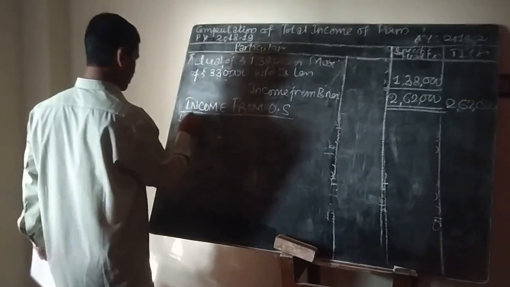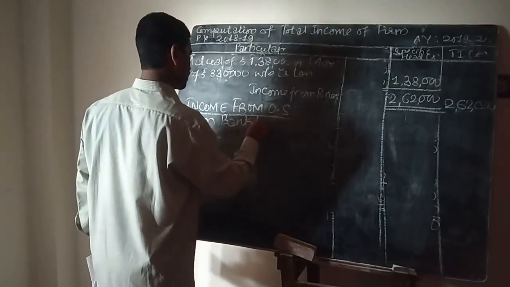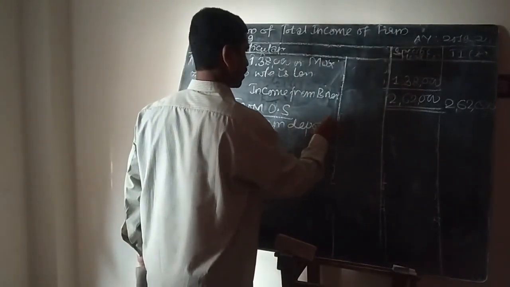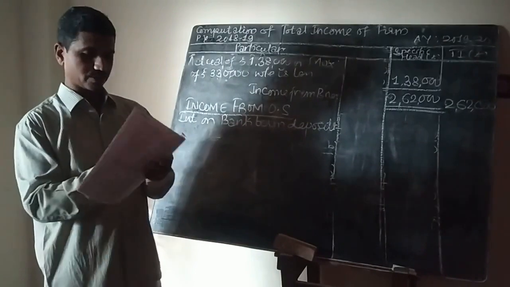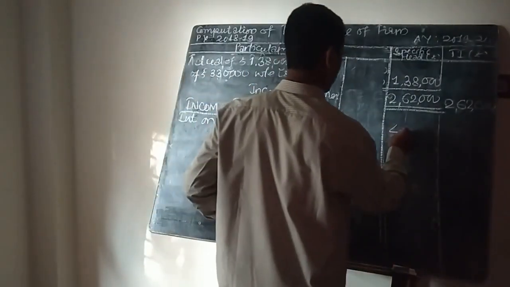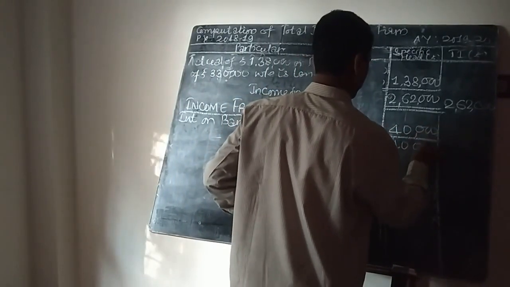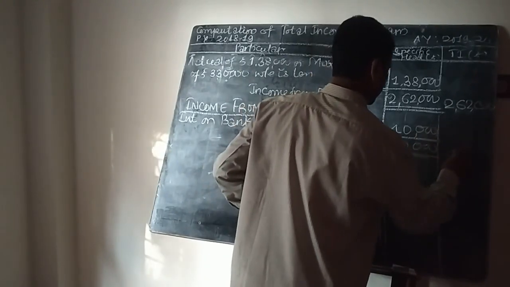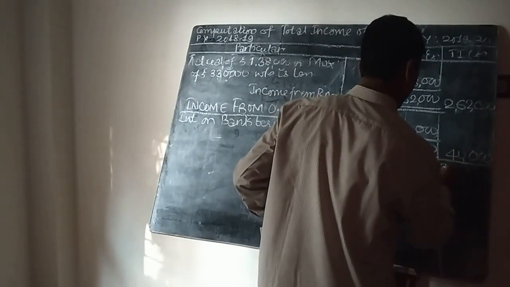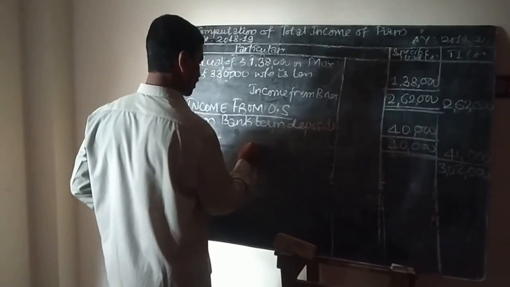We have interest on bank term deposits, which is given as rupees 40,000. There is only one item under other sources, so 40,000. So the total will be 3,02,000. This is what we get here.